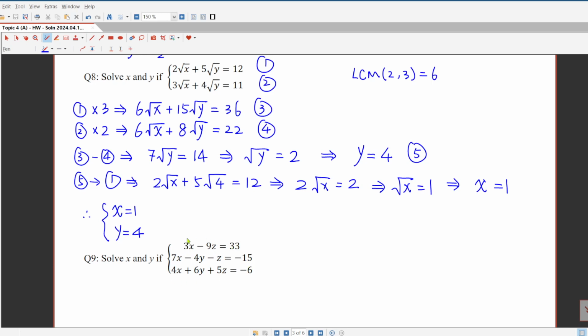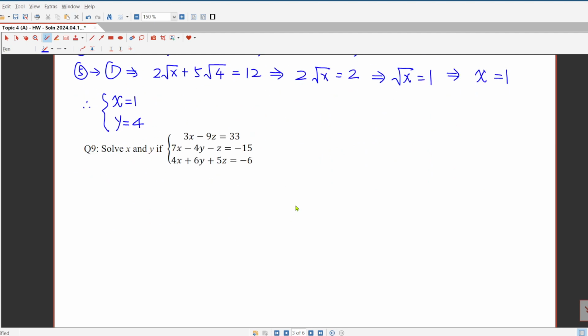You should eliminate or reduce the number of unknown variables from 3, then to 2, then to only 1, and solve that one variable. Then that will help you to solve the other 2, right? So we haven't talked much about a system of more than 2 linear equations, so we'll leave number 9 to the end of this class, okay?